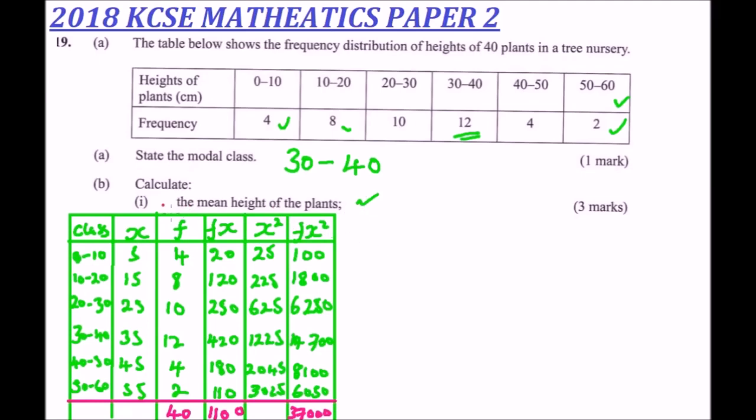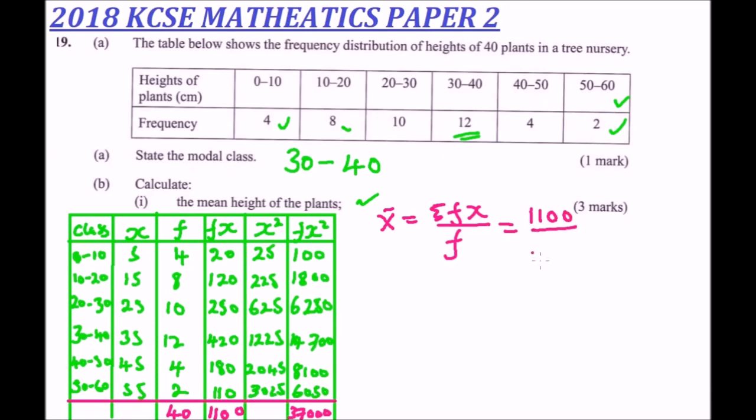So now we got to our question. Now, to calculate the mean height of the plant, the formula for calculating the mean is x bar equals the summation of fx divided by the summation of the frequency. So we got our fx, it is 1100.